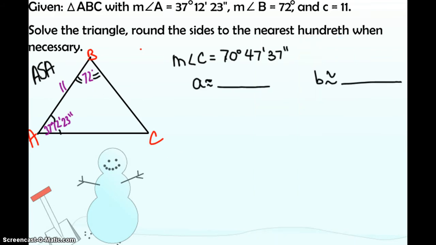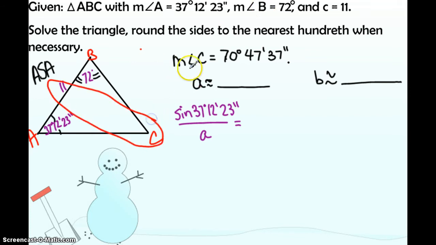So let's take a look at how we're going to solve for side A. Side A is going to be right here. So we're missing that, so I know the sine of 37 degrees, 12 minutes, and 23 seconds over side A is going to be equal to the ratio that we do know, that C, and we found C, and we're going to use that right there. So the sine of 70 degrees, 47 minutes, and 37 seconds over 11.